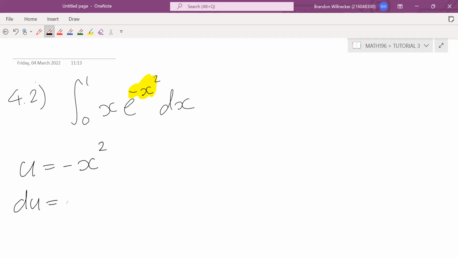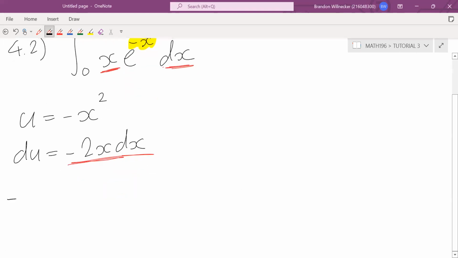So du is minus 2x dx. Okay, that's almost what we have here. We've got x dx, and here we have minus 2x dx. It's just this minus 2 that's in the way. So let's take that over to the other side. So minus 1/2 du is equal to x dx.